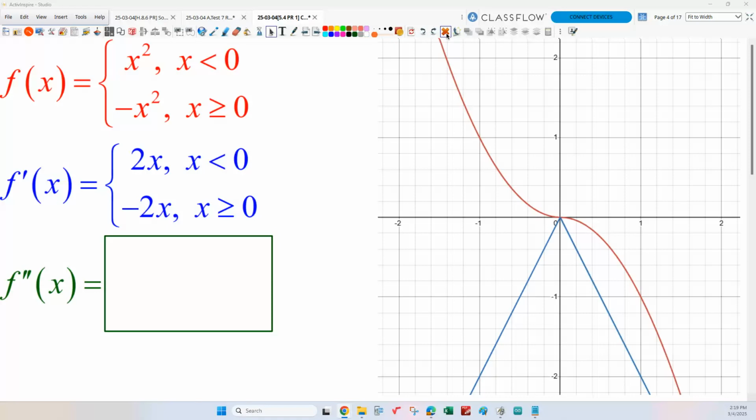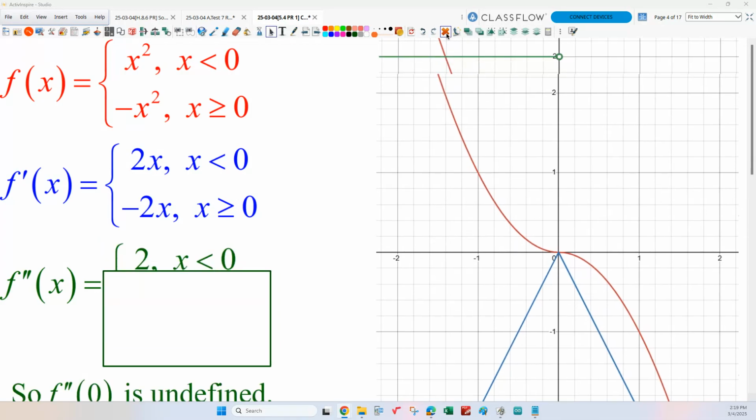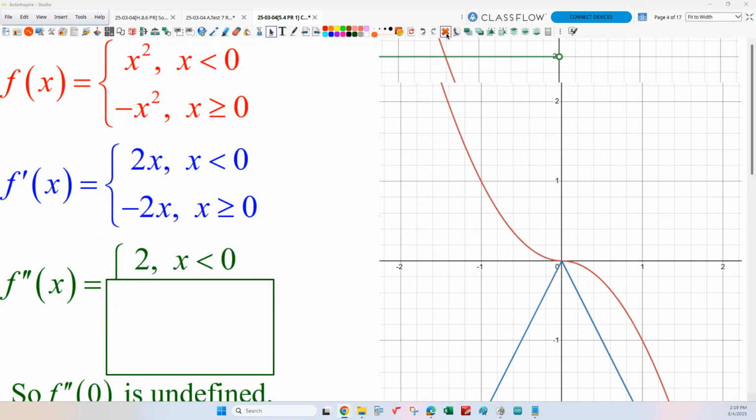Now, what's the second derivative going to be? When x is less than 0, I'm going to get 2, right? When x is greater than or equal to 0? Could I include 0 then?